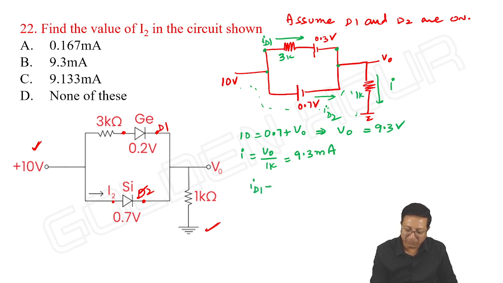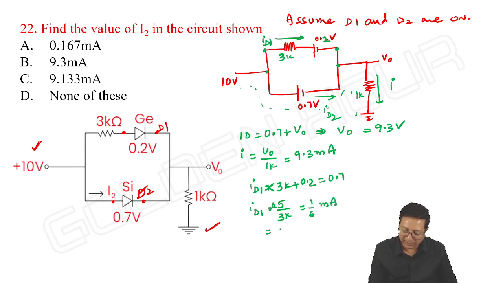So ID1 is equal to 0.5 by 3 kilo ohm, or 1 by 6 milliampere, or I can write 0.167 milliampere. ID1 is 0.167 milliampere and I is 9.3 milliampere.